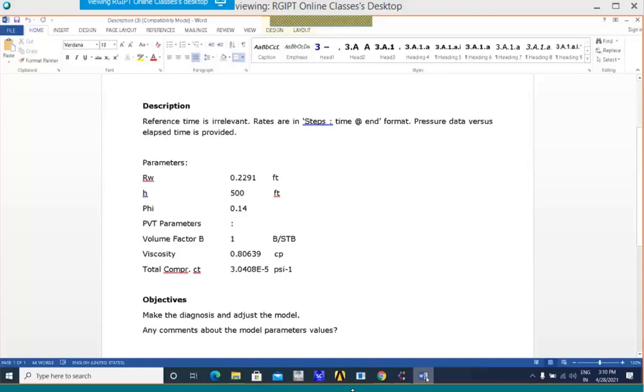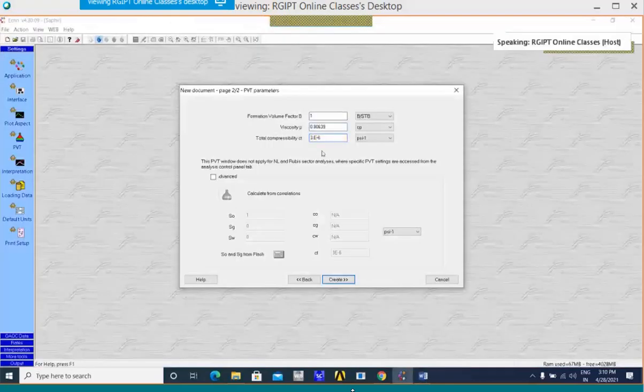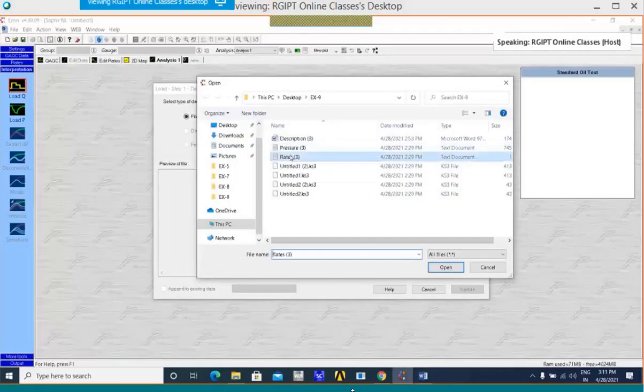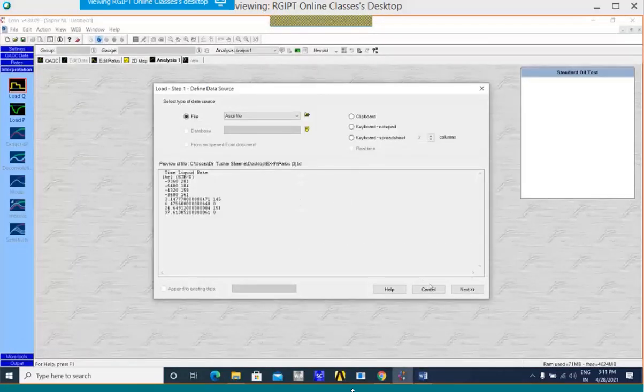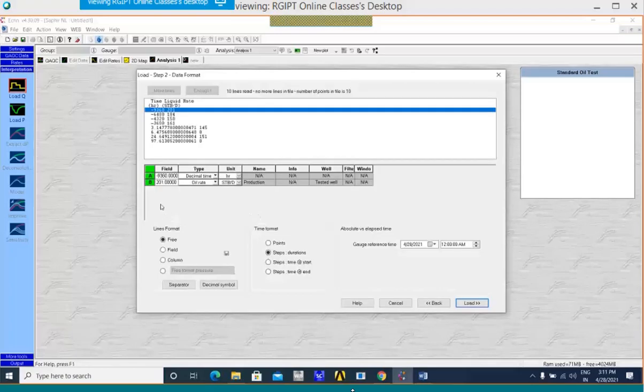So in this, now I can actually load Q. So I'm going to load Q now. I have the rates here. So click next. Then it is already in the free format, but you have to take steps, time at end.